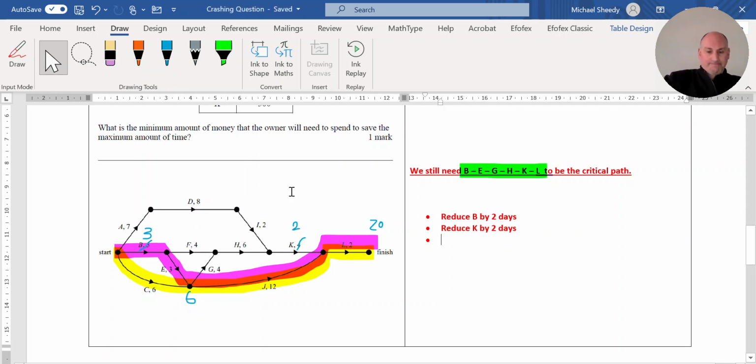Okay. So if I go along the top, I go 7 plus 8 is 15, plus 2, that's 17, plus the 2 for K, that's 19, plus 2 for L, that's 21.